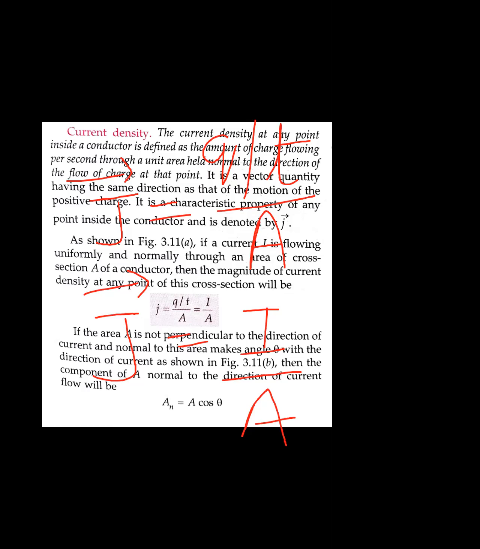So current density is a vector quantity and its direction is along the direction of your current, right children?